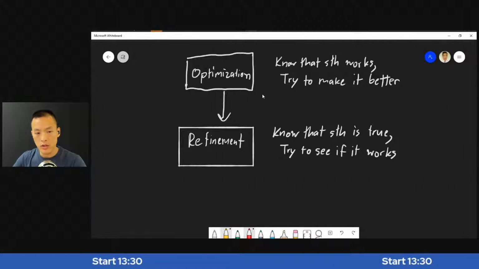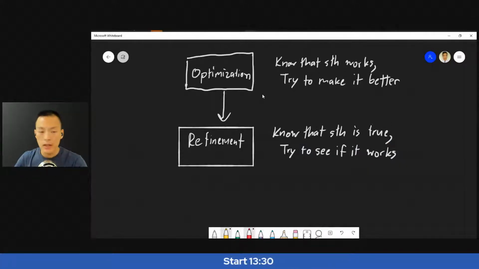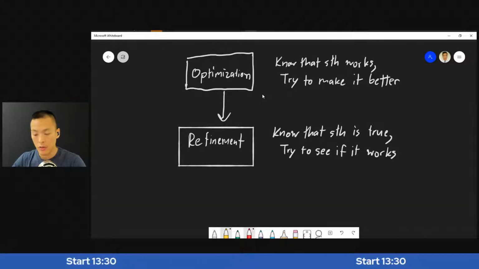Here, you know that something is true, but you're not sure whether it works or not. This kind of refinement is important because usually the refinement process takes an abstract concept that everyone takes to be true and makes it valuable, by trying to see whether it actually works or not.